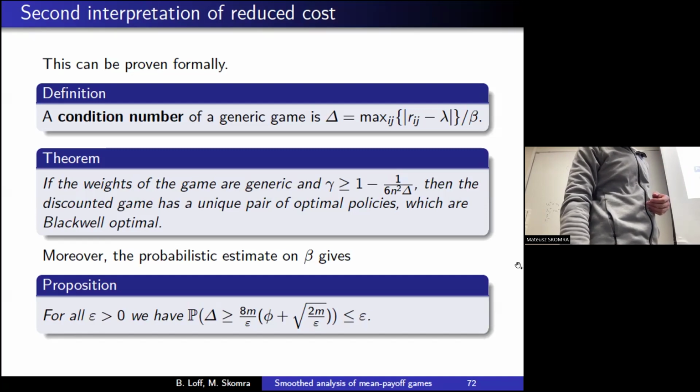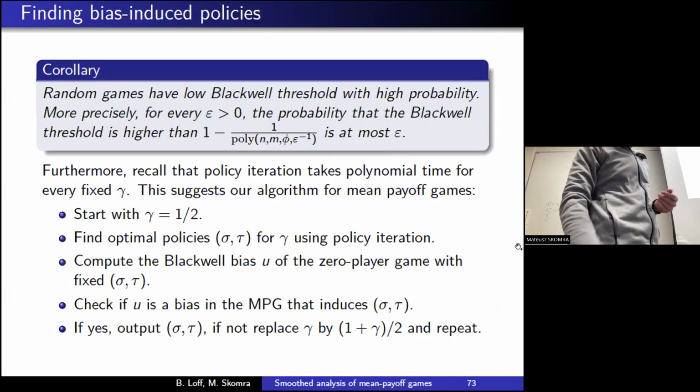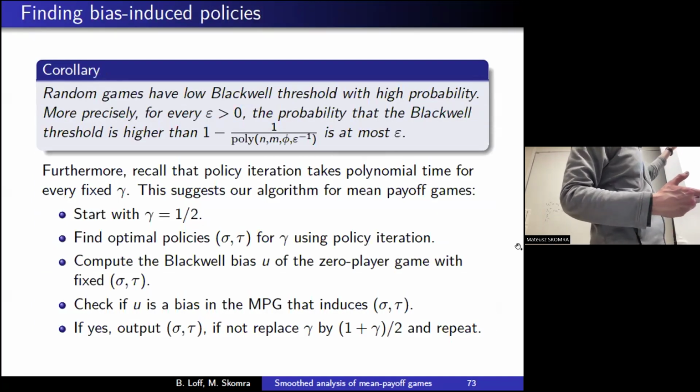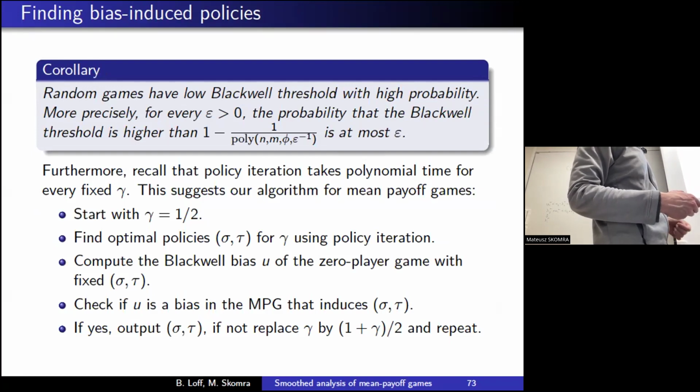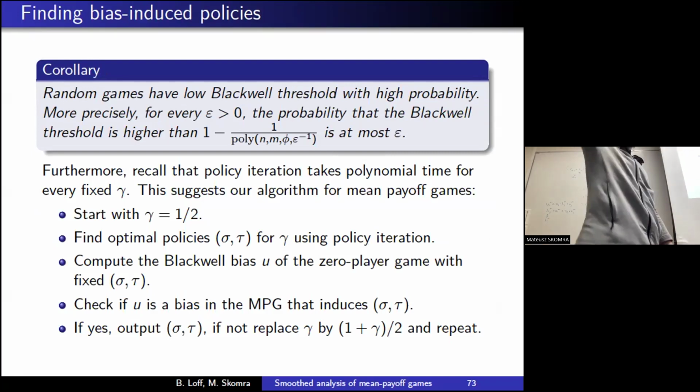Okay. But now, the corollary of this is random games have low Blackwell threshold with high probability. So for every epsilon greater than 0, the probability that the Blackwell threshold is higher than this quantity is at most epsilon. But this suggests an algorithm, right? You just want to solve a discounted game with this threshold and get the Blackwell optimal policies.